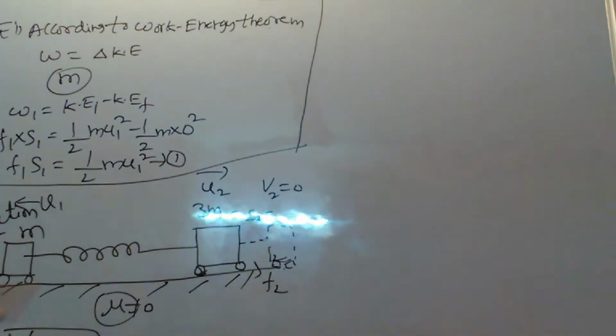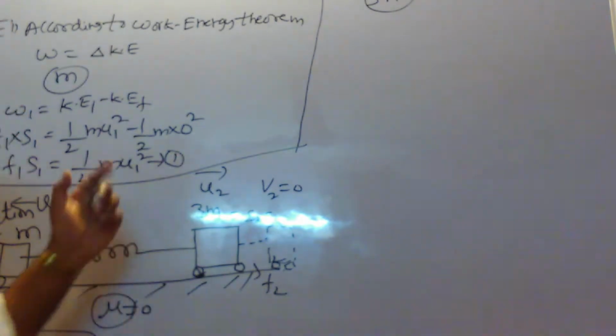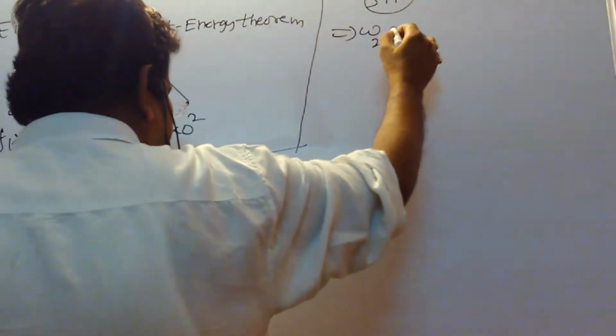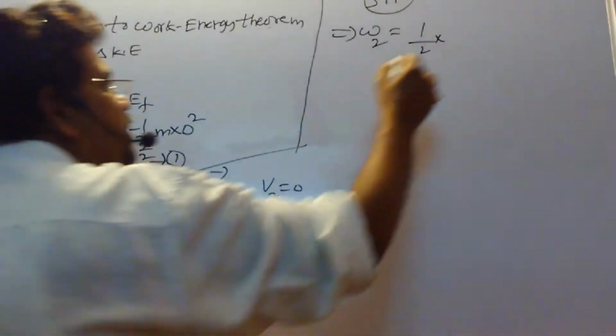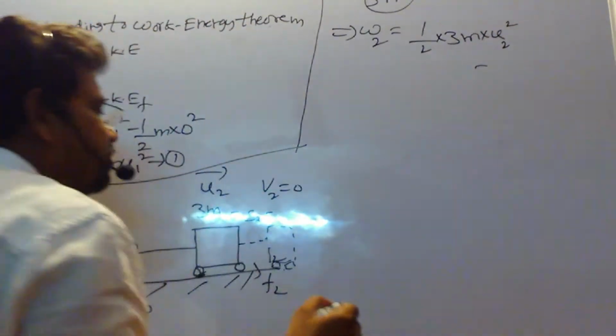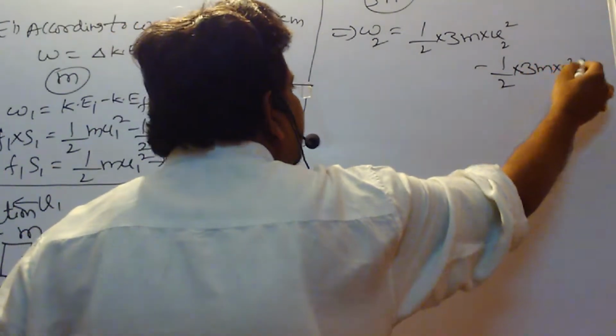Now I go to the second trolley, of mass 3m. Same story. I take the work as W2. W2 equals half into 3m into u2 square minus half into 3m into 0 square.